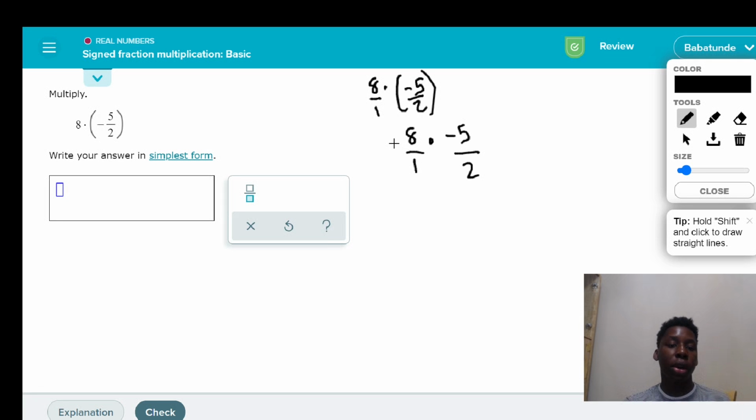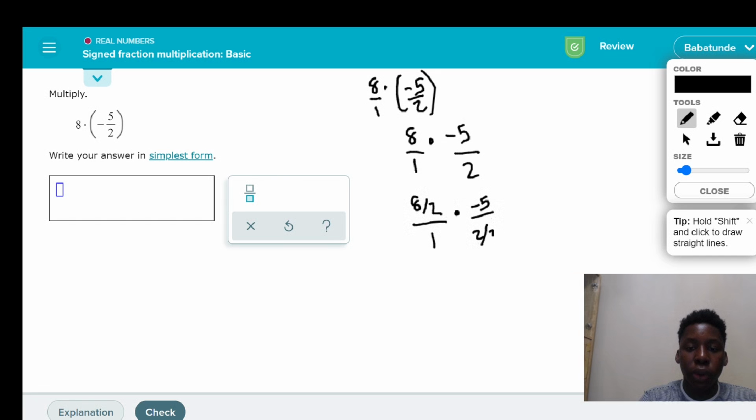Since 1 is out of the picture, let's look at 2. We ask ourselves, what number can divide 2 that can also divide 8? Yeah, it should be 2, right? So 2 can divide 2 and can also divide 8.